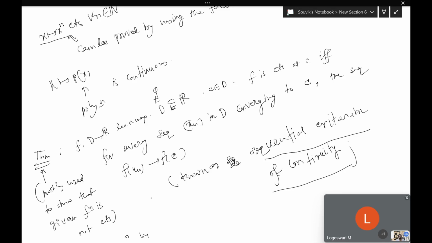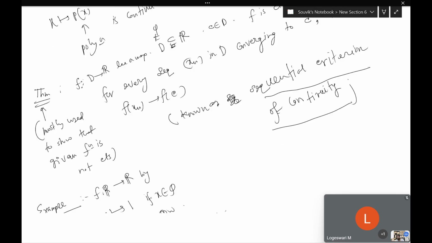Let f from D to R be a map, and suppose D is a subset of R. Now, f is continuous at c if and only if, for any sequence x_n in D converging to c, the sequence f(x_n) goes to f(c).